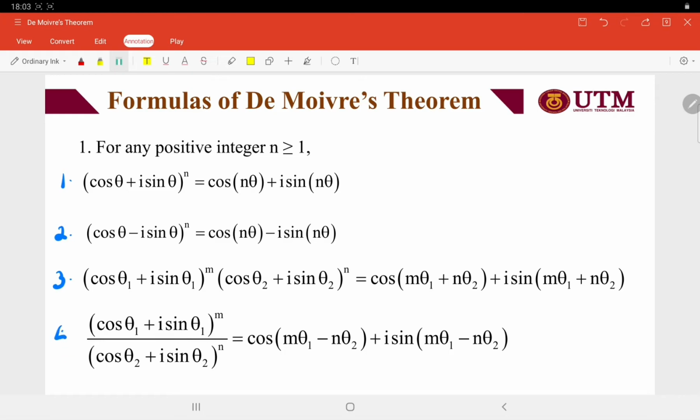And the last formula is for the division of (cos theta 1 + i sin theta 1)^m divided by (cos theta 2 + i sin theta 2)^n. This will be equal to cos(m theta 1 - n theta 2) + i sin(m theta 1 - n theta 2).